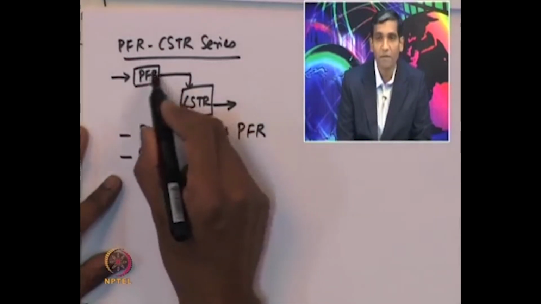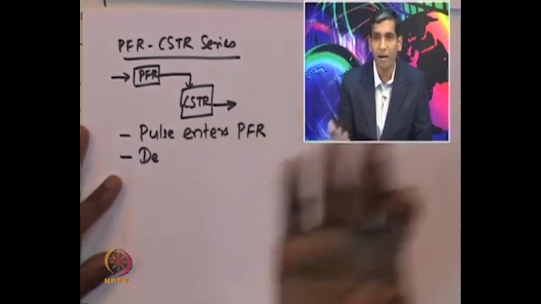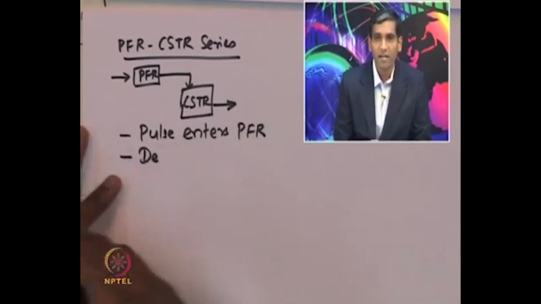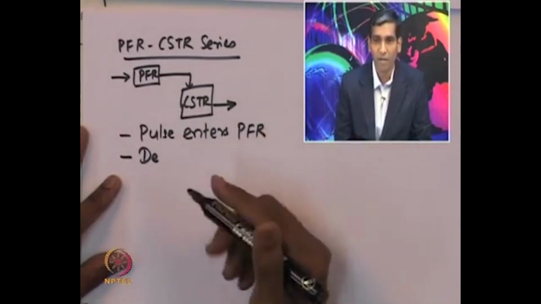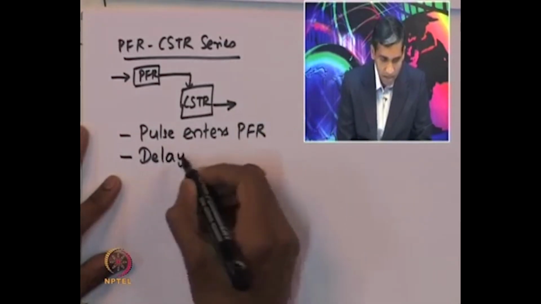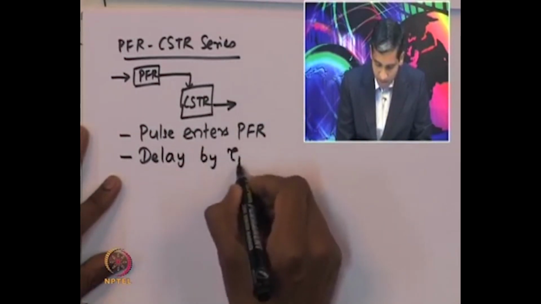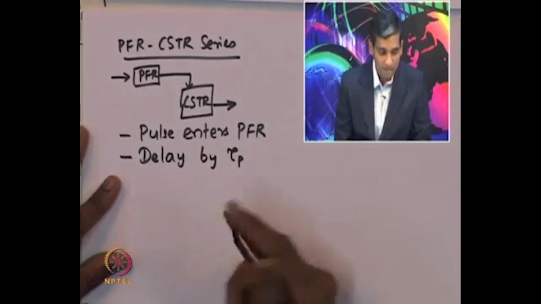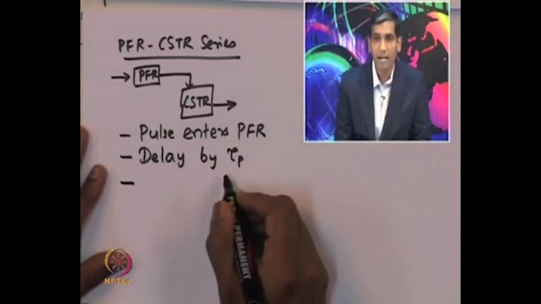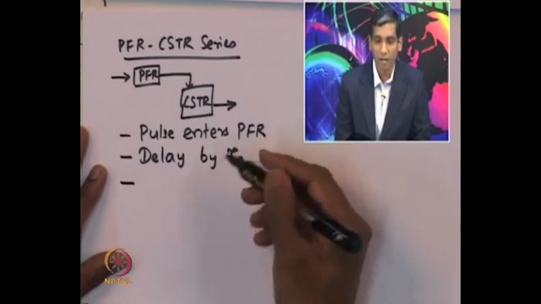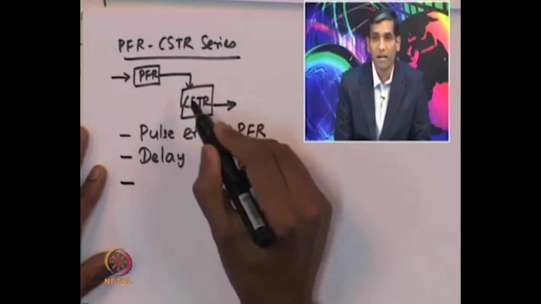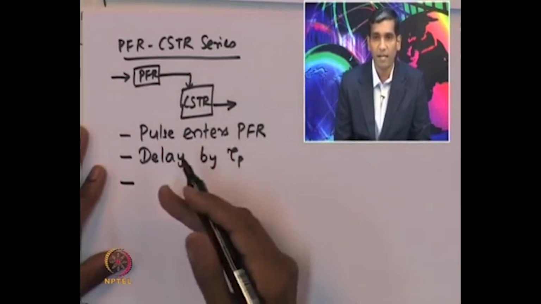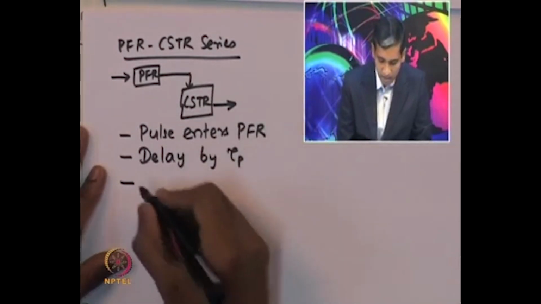Because of the nature of the plug flow reactor, there is simply a delay, the space time of the plug flow reactor, that is introduced. So, there is a delay by the space time of the plug flow reactor, and after this delay, the tracer actually appears at the entry of the CSTR, and then it follows the CSTR residence time distribution function of the CSTR.